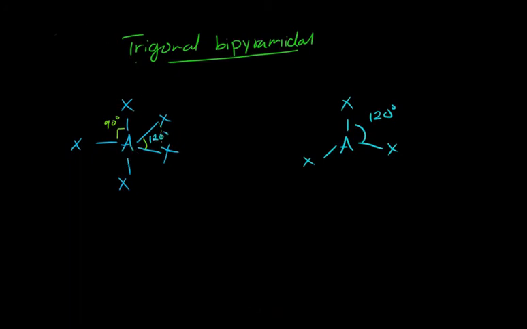A good example for this shape is phosphorus pentachloride, PCl5. Let's draw the central atom, which is phosphorus, then chlorine atoms here, here, and here.